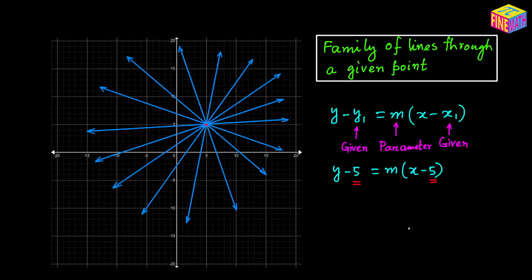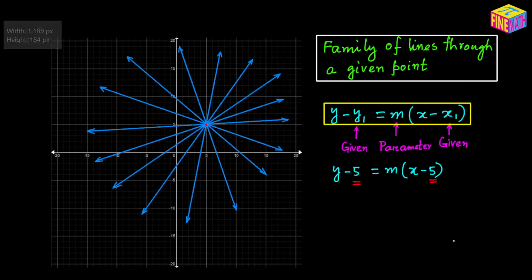So now let me highlight the general form of that equation, which is y minus y sub 1 equals m times x minus x sub 1, where x sub 1 and y sub 1 will be given, m will be the unknown, that's the parameter, and a sample equation will look like the one that I have here, y minus 5 equals m times x minus 5.